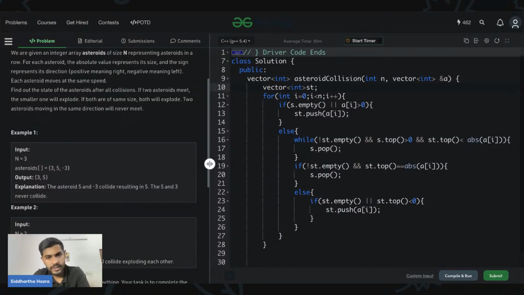Instead of st.empty, we can have if st.size is equal to 0. So you can just use it like this.